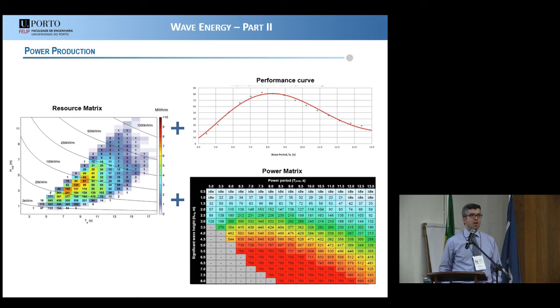In some devices, it is possible to change some characteristics in order to change the performance curve. For instance, we are working with a device that is based on the oblique motion of two lateral mobile modules, and we can change the resonance frequency of the device by changing the angle of that motion.